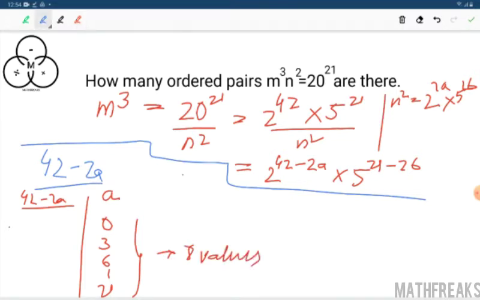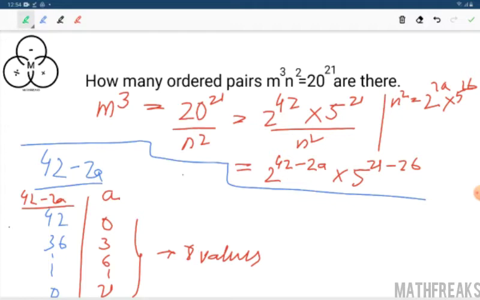You just see all of the values: 42 when a is 0, when a is 3 it is 36, up to 0. So 8 different values of a are there.